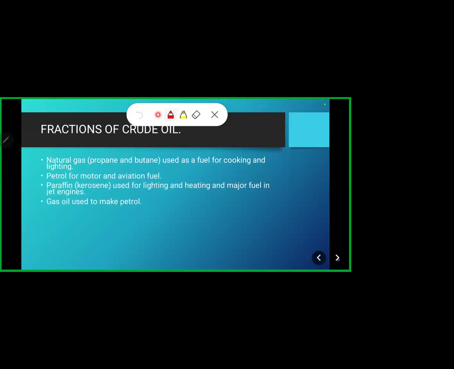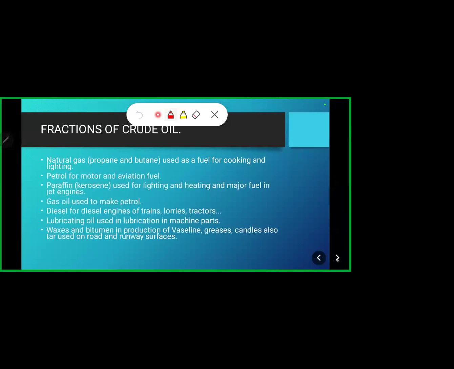So this slide is just showing the different uses. I'll go over them very fast, but of course you've given several. So for people who are noting down, you realize that you have several uses, which is good for your revision. So we have natural gas, which is majorly propane and butane, used as a fuel for cooking and lighting.